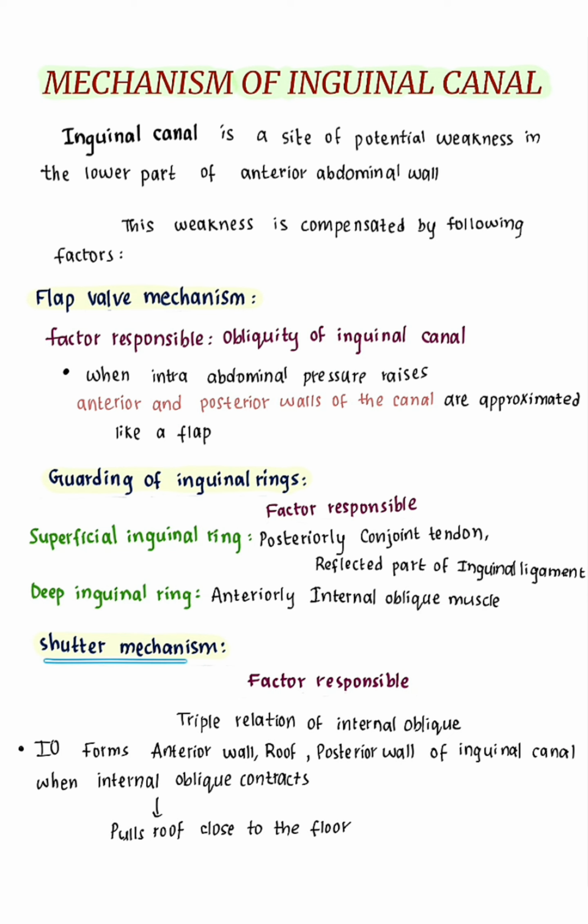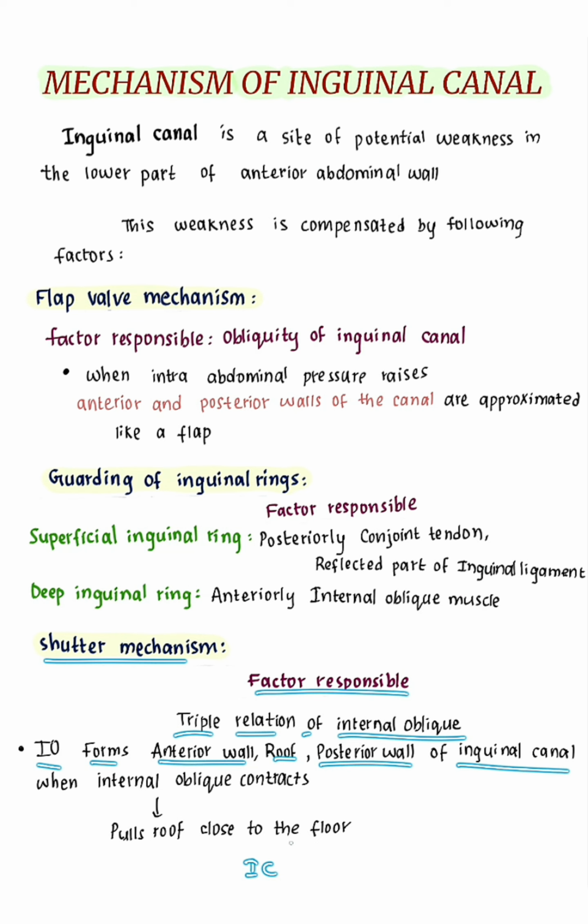Shutter mechanism. Factor responsible is triple relation of internal oblique. Internal oblique forms anterior wall, roof, and posterior wall of inguinal canal. Anterior wall in its lateral one-third is formed by internal oblique fibers.